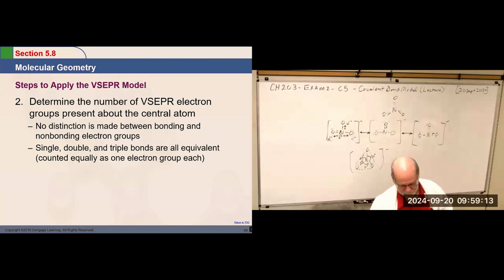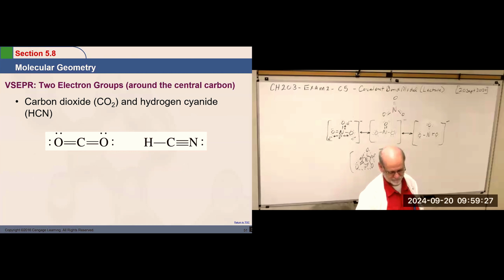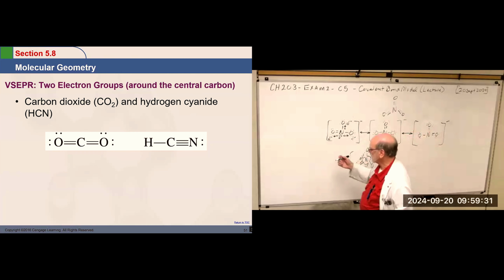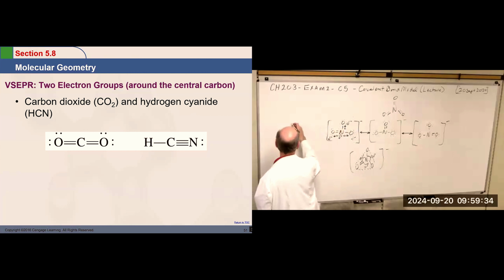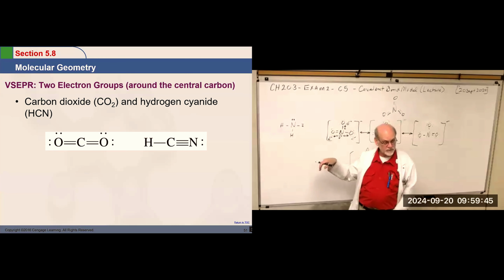All right. So once we've decided the number of electron groups, then we go to the molecular geometry that will accommodate that number of groups. And if we had a lone pair here, let's take ammonia. We drew ammonia earlier, like this, and it had an unbonded pair there. So around that central atom, how many groups do we have?